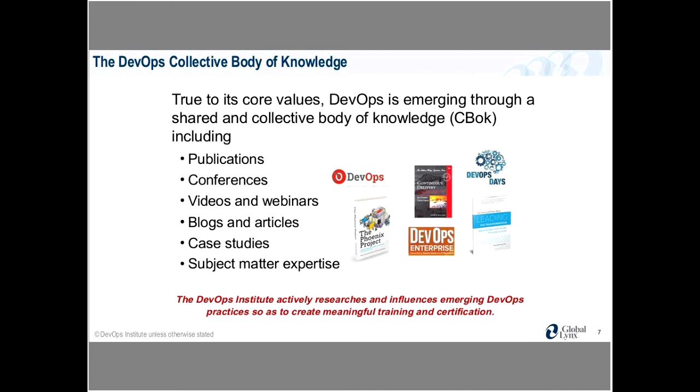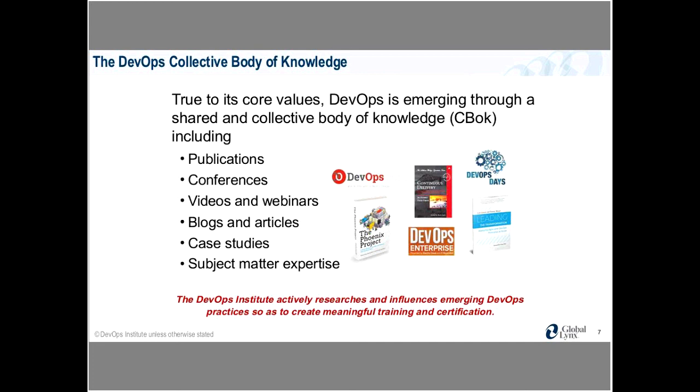Just like the project management professionals have a PMBOK, a source of knowledge for project management, in the case of DevOps, we have what is called a CBOK, and that's short for a collective body of knowledge. So there's no single source of information about DevOps.